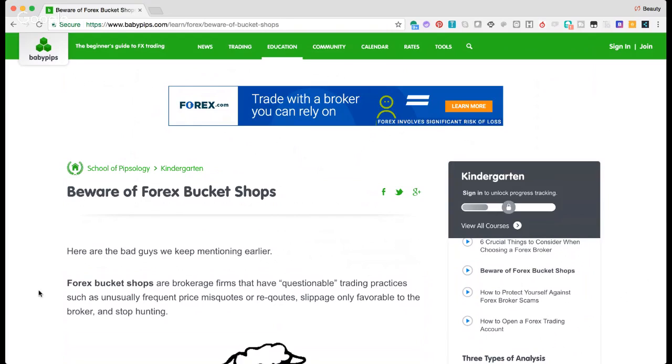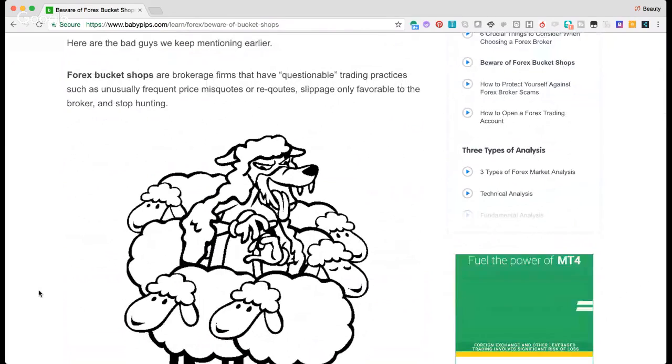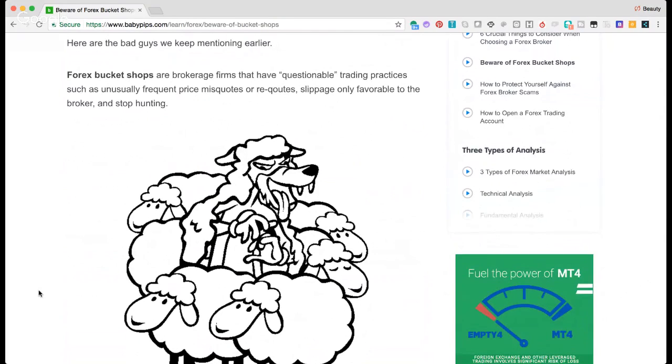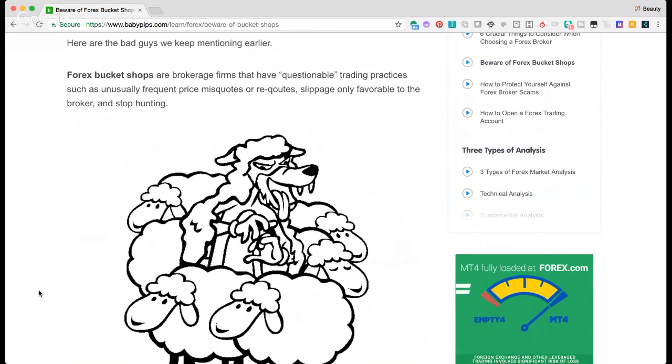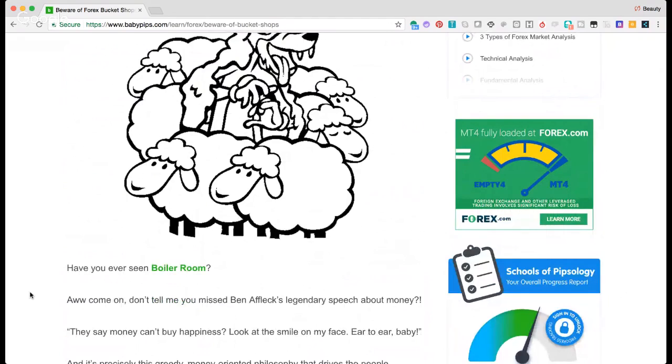Here we go. Here are the bad guys we keep mentioning earlier. Forex bucket shops are brokerage firms that have questionable trading practices such as unusually frequent price misquotes or requotes, slippage only favorable to the broker, and stop hunting. Have you ever seen Boiler Room?